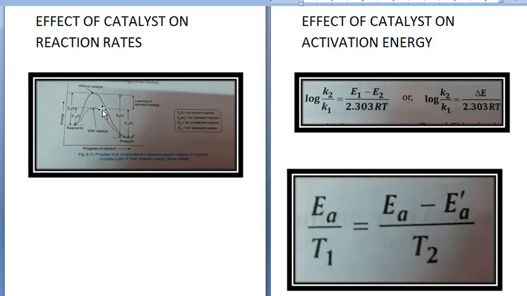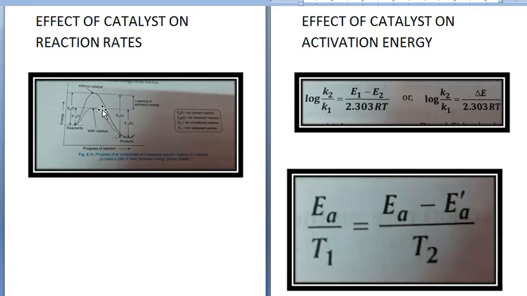Next is effect of catalyst on activation energy. Suppose the rate constants of the reaction in the absence and presence of catalyst are K1 and K2: K1 in absence of catalyst and K2 in presence of catalyst. Now as the catalyst lowers the activation energy, therefore E1 will be greater than E2 and K2 will be greater than K1 if the temperature is constant, because E1 is without the catalyst and E2 is with the catalyst.